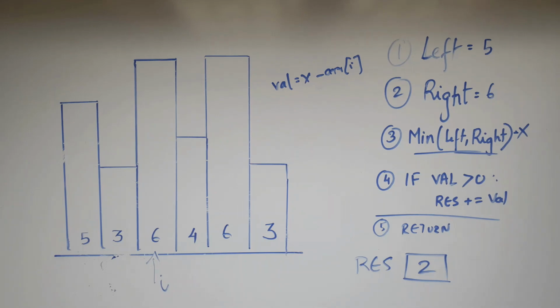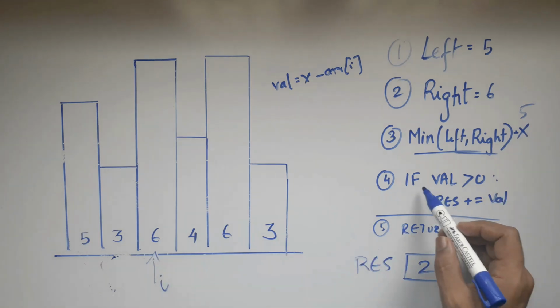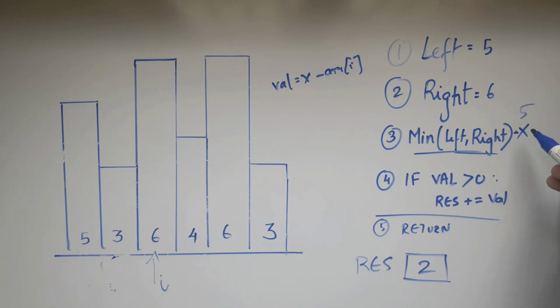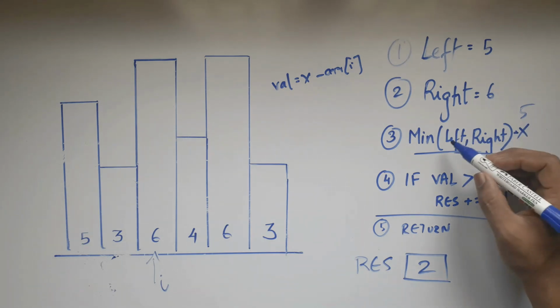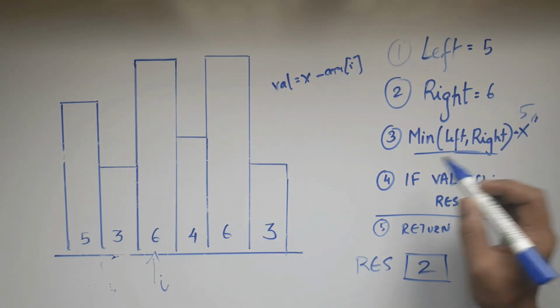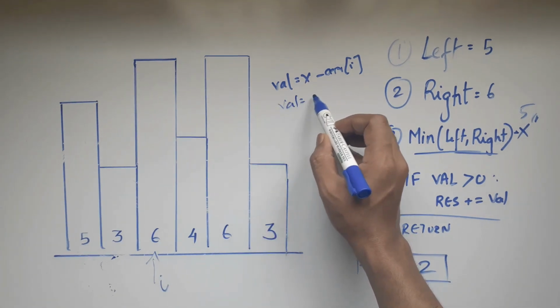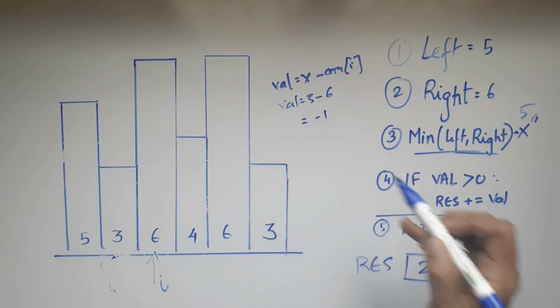Now the minimum value will be again 5. And if we subtract 5 from 6, now you will understand why I have included this condition, value is greater than 0. Because check it out, the minimum value is 5. Now the array value is 6. Okay. Now if you find value, it is 5 minus 6, which is equal to minus 1.